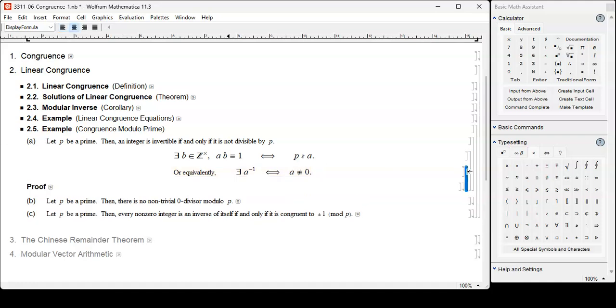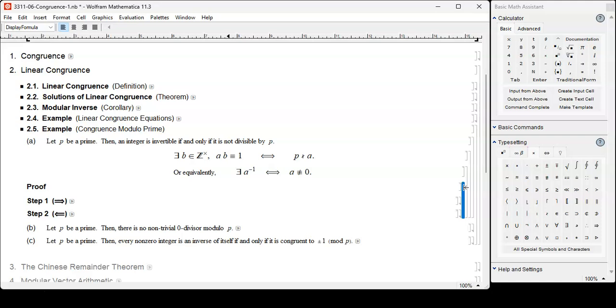Okay, let's prove it. This is a necessary and sufficient condition, so we have to prove both ways. So step 1 is the forward direction. We'll assume there is a multiplicative inverse and prove that p does not divide a, or equivalently speaking, we can prove the contrapositive. Assume p divides a and prove that there's no multiplicative inverse. That's what you're going to do.